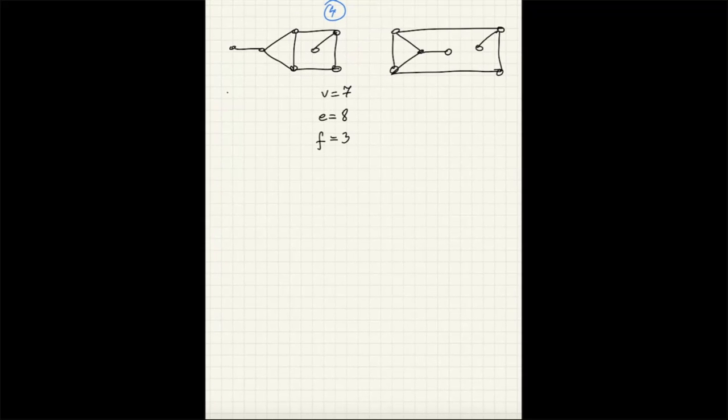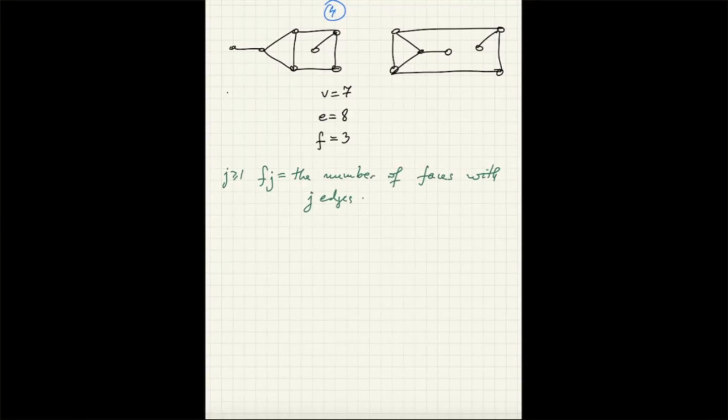There are actually 3 faces. So if we denote, let's say for j greater or equal to 1, let's call fj the number of faces with j edges.